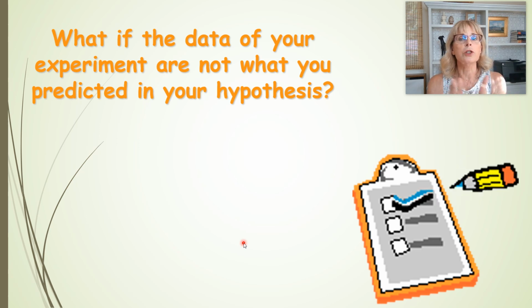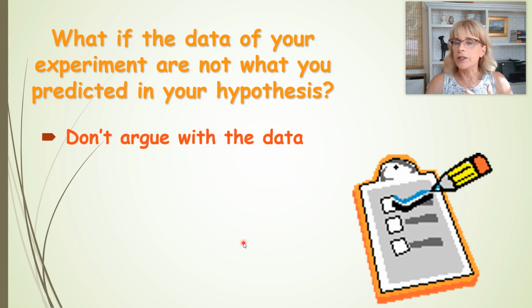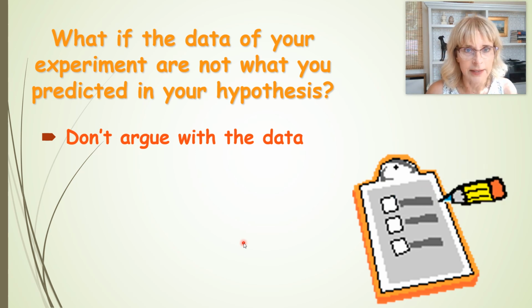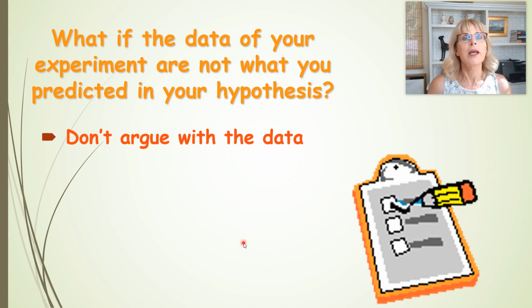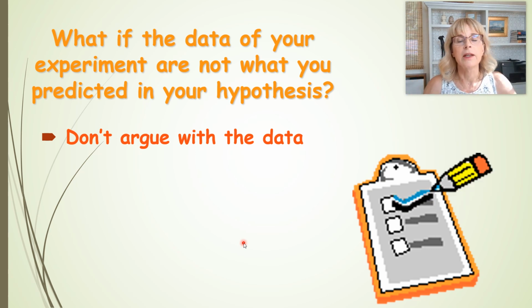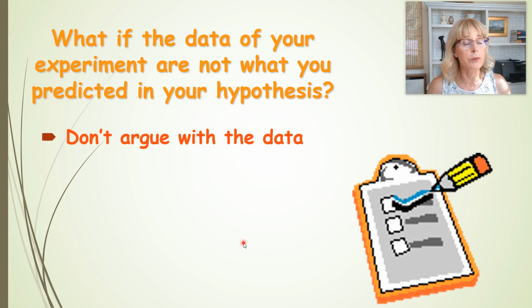What if the data of your experiment are not what you predicted? Okay, it does not mean that you're a bad scientist. One of the first things that my first mentor taught me in science is don't argue with the data. Your data are your data. It's okay to go ahead and repeat an experiment, make sure you didn't make any mistakes.